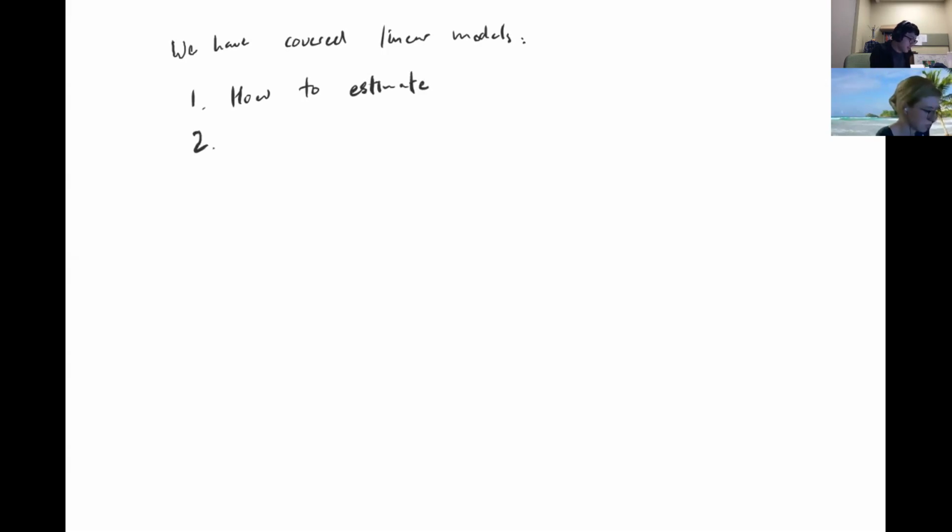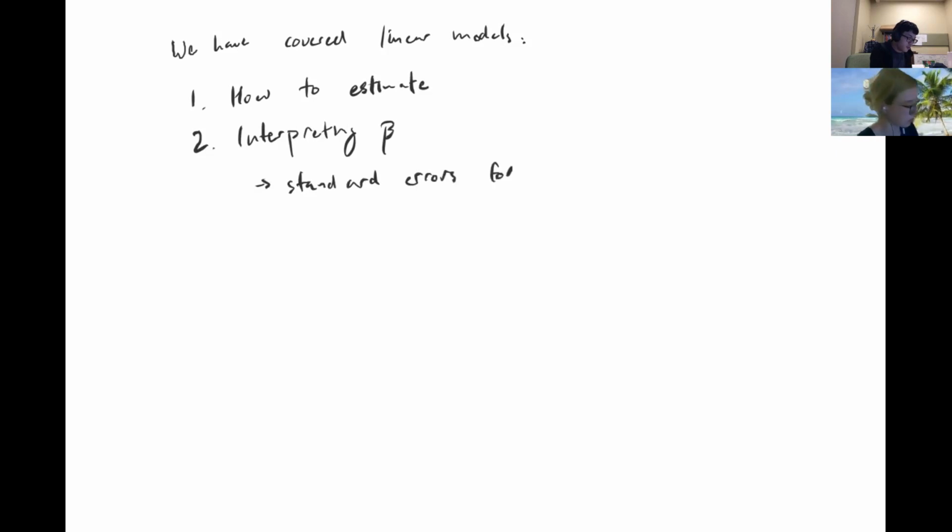Two, interpreting beta, and also the standard errors associated with beta. And then we started to scratch the surface a little bit about how good the model is.